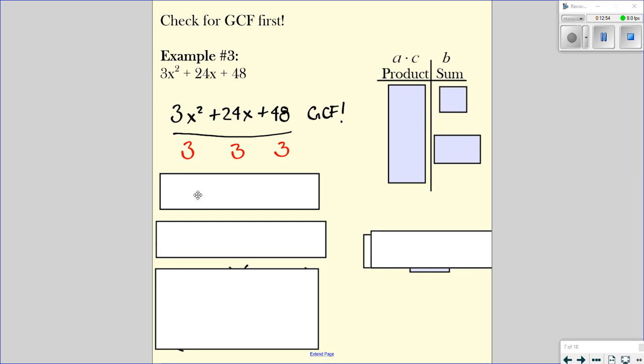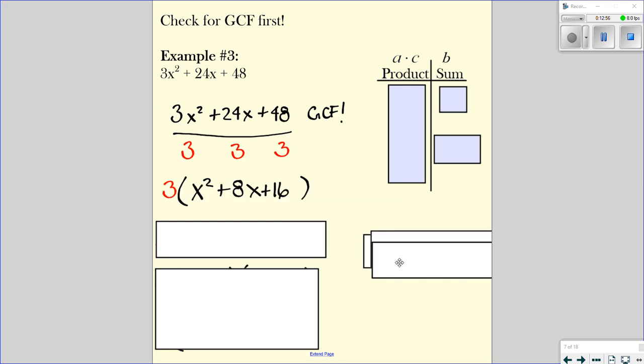So then you end up with, inside the parentheses, x squared plus 8x plus 16. But remember, whatever GCF you pull out has to be in front of that parentheses. Don't just completely eliminate it because it's part of what you started off with, and if it disappears, then whatever you get is not going to be equivalent to what you started off with.